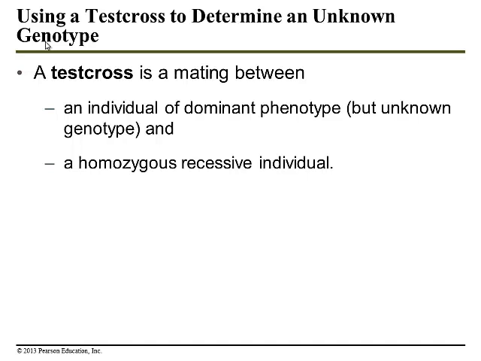So we do something called a test cross, and that's a mating between an individual that has that dominant phenotype, and basically we don't know what the other one is, and we cross it with somebody that's only giving those recessive genes. If your offspring have what?